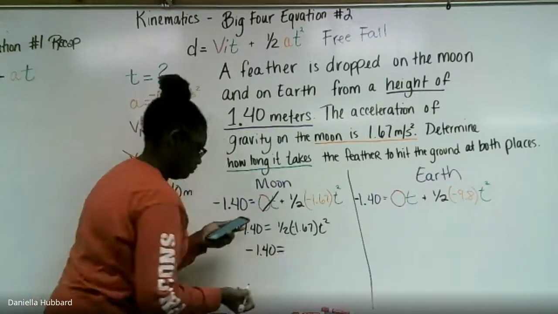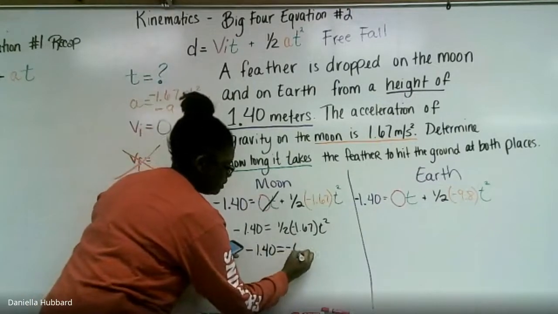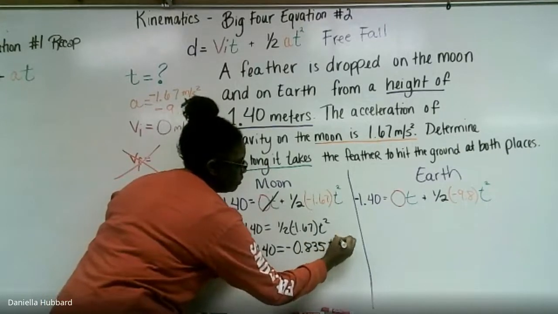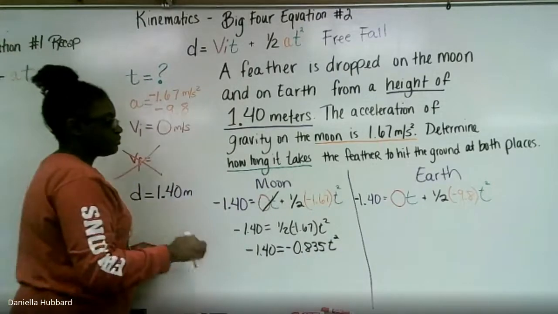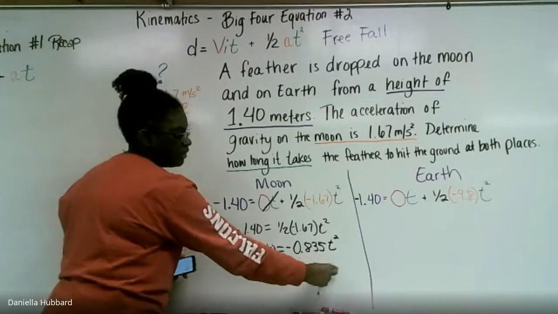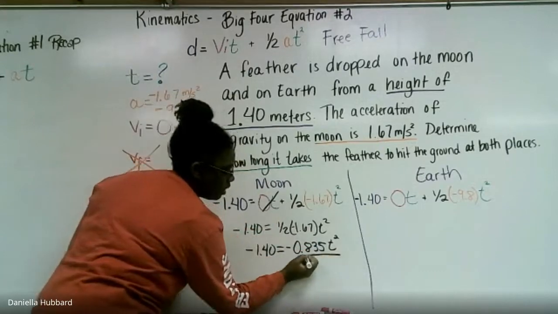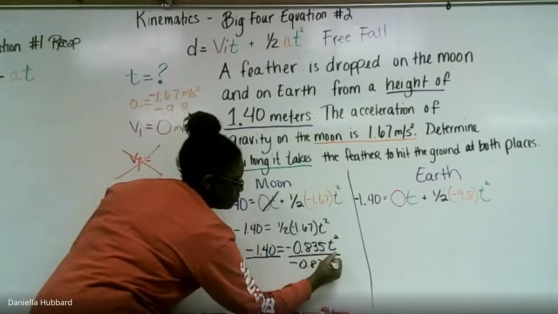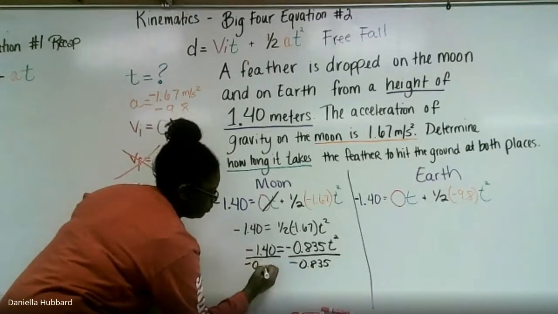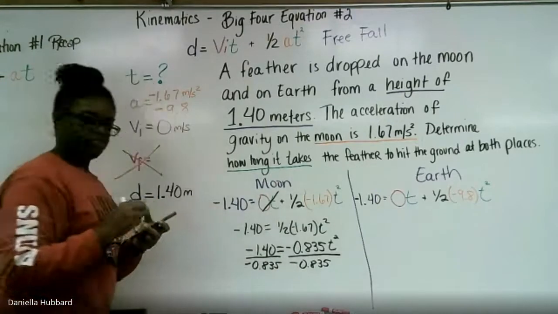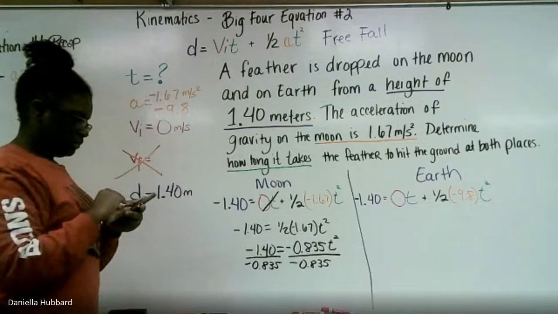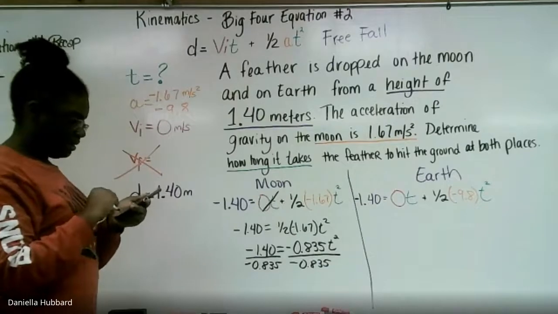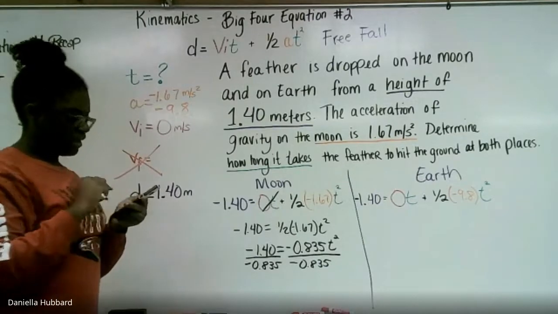I'll bring this down. I will get negative 0.835, and I still bring down my T squared. We are multiplying this number times the T squared, so the opposite is dividing. And now I will get negative 1.4 divided by negative 0.835.